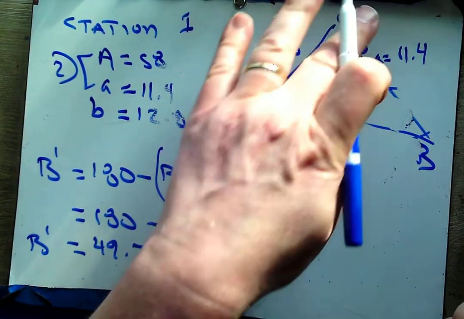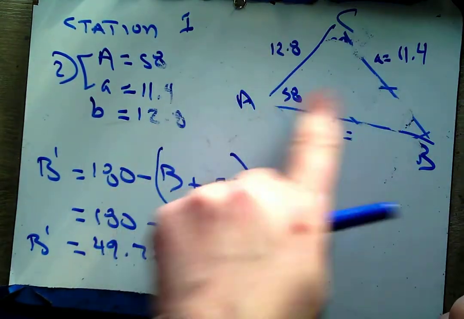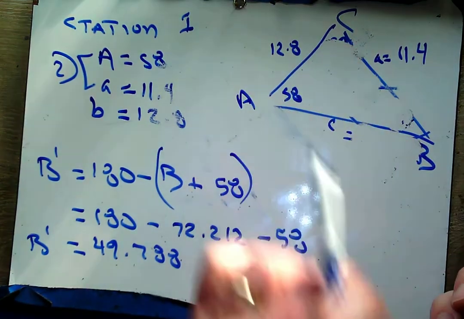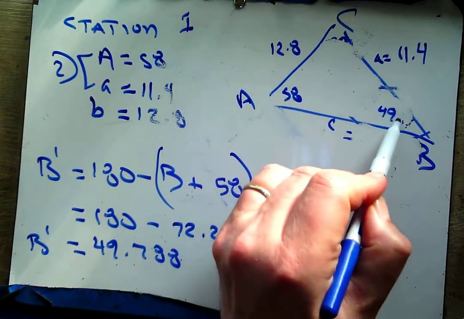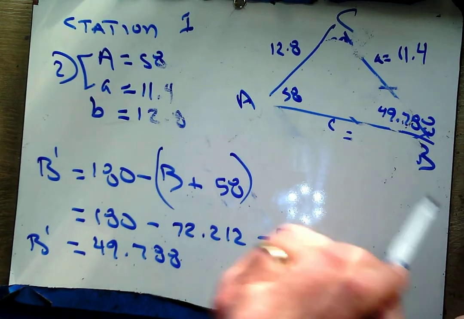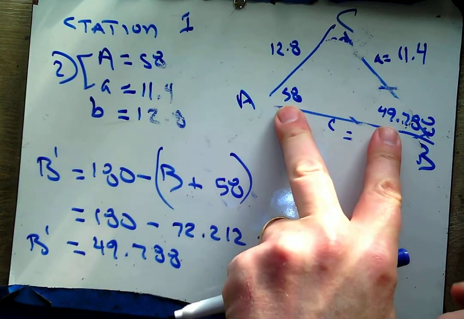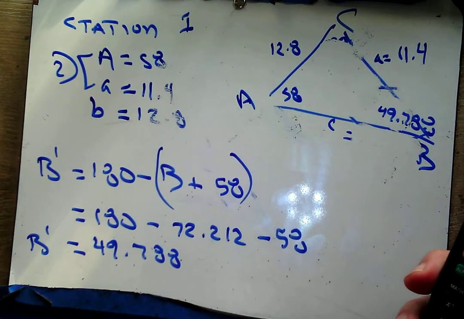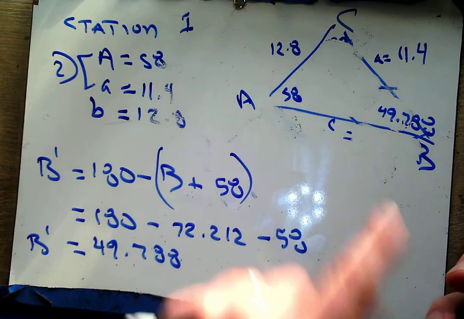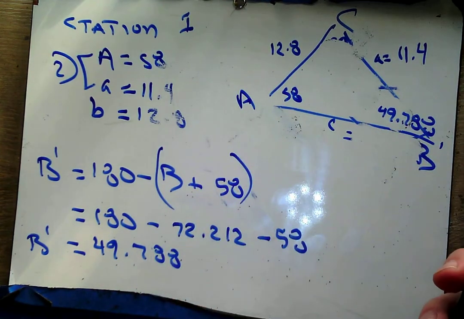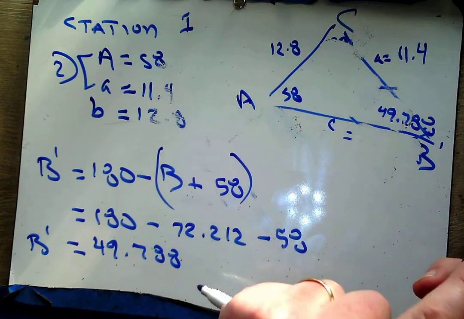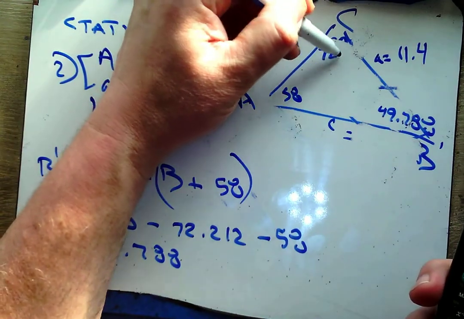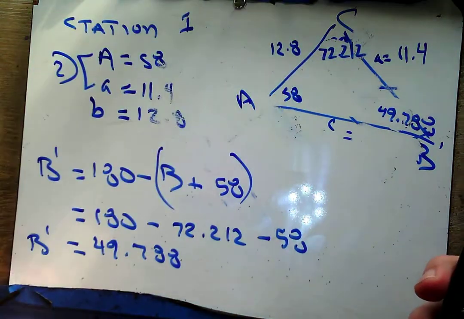Okay, so now that I know that there's this B prime, I need to go about finding my second solution. And remember, the second solution is going to keep all that original given information, but we will have these other bits change. So this is now 49.788. And I can use the angle sum theorem to say that all three of these angles should add up to 180. So if I do 180 minus the 58 that was given, minus my B prime, second answer, I end up with 72.212 here.